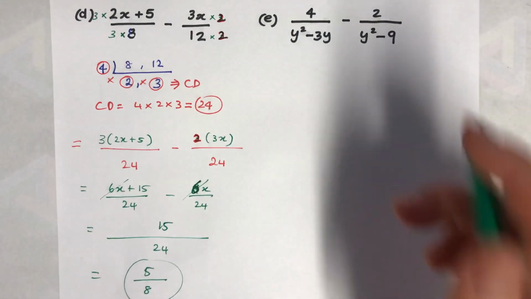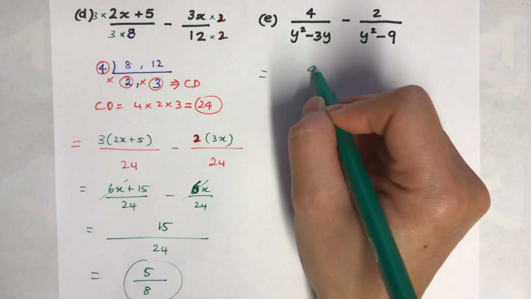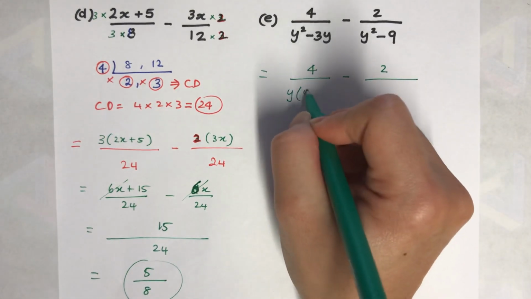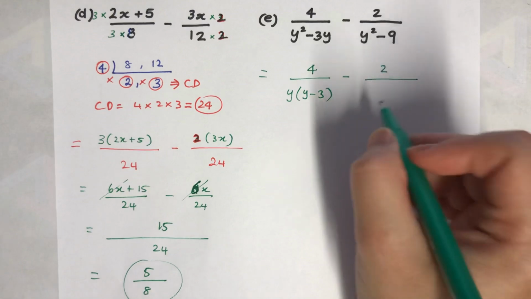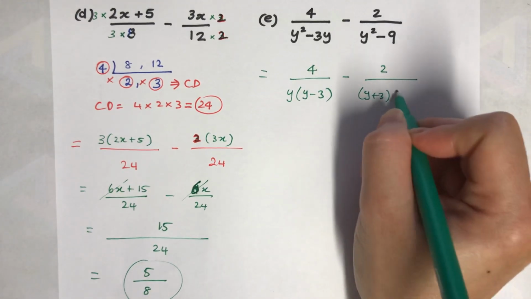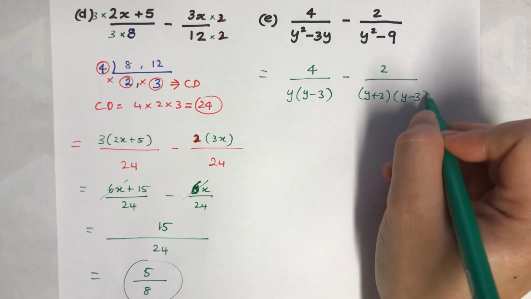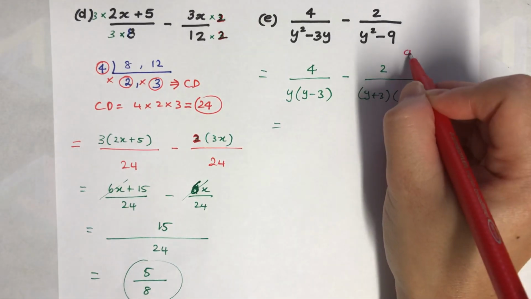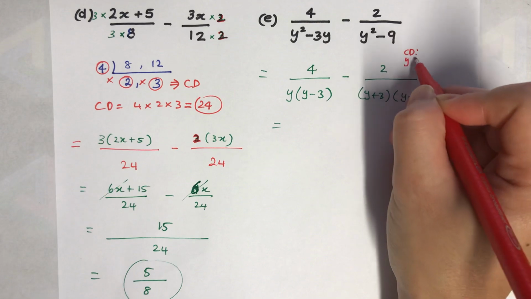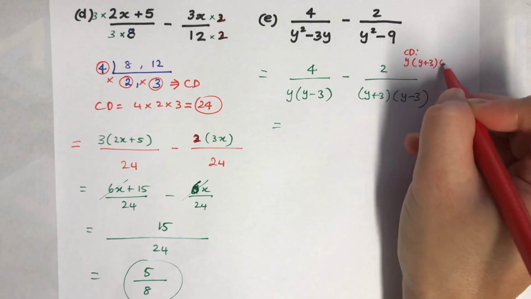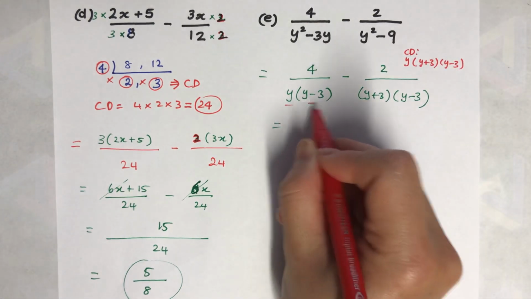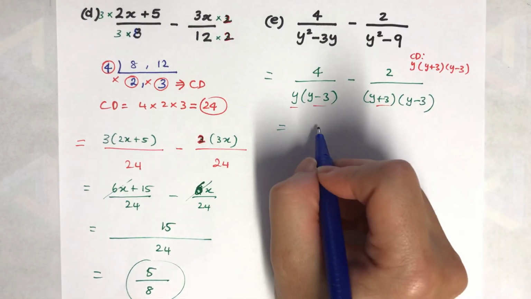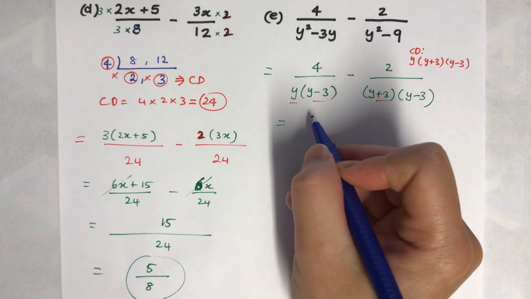Excellent. Now here, this is interesting. I'm going to have to factorize the denominator first. y squared minus 9 is the difference of two squares, isn't it? If you don't remember, go and have a look. So my common denominator here equals y times y plus 3 times y minus 3, each one of them that they don't share. So what am I going to do here?